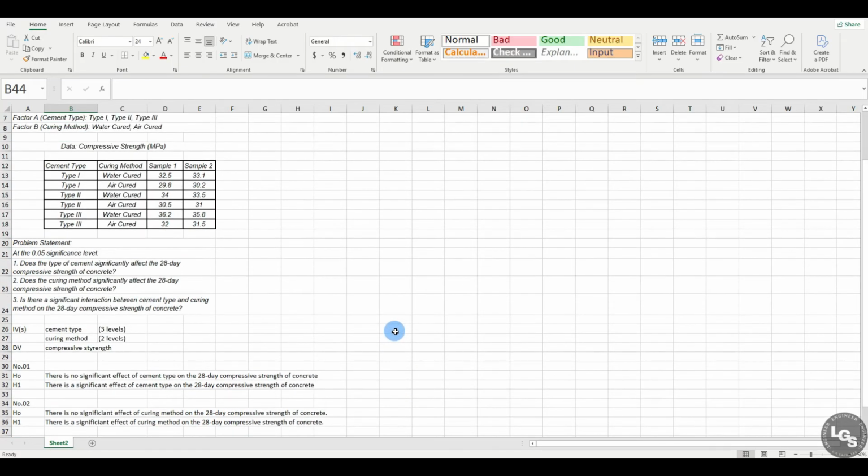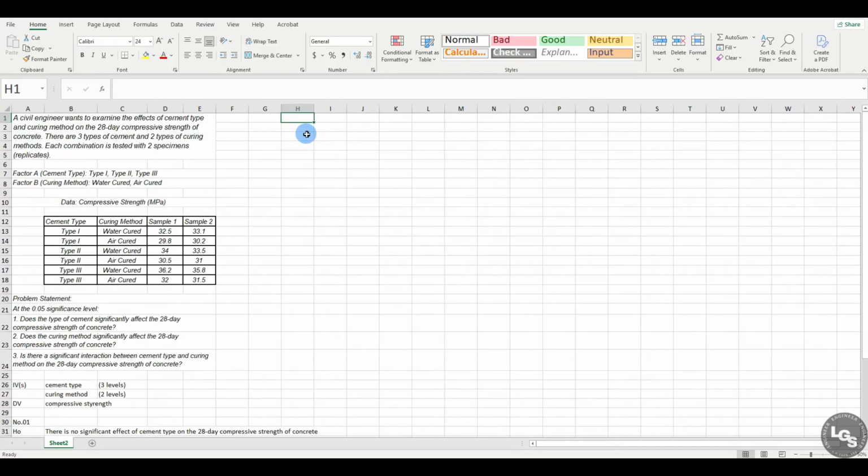So let's perform the two-way ANOVA. But before that, let's organize the table or the data that we need in the two-way ANOVA test. The data should be arranged in this manner.